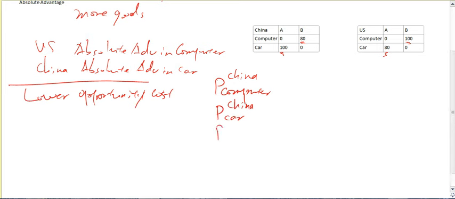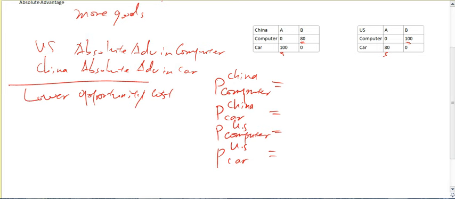Second, find the price of computers in terms of cars in the US, and also the price of cars in terms of computers in the US. Now remember, we're not looking for the actual price of each good. What we're looking for is the price of the good in terms of the other good. So what's the opportunity cost of producing a computer or a car in each country?